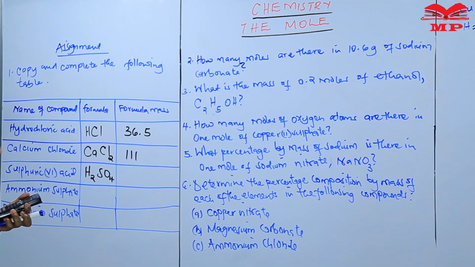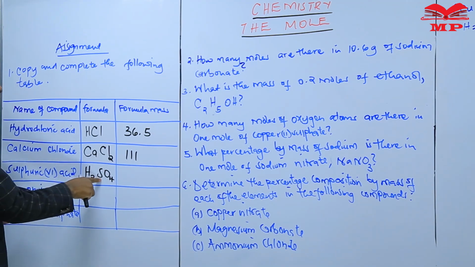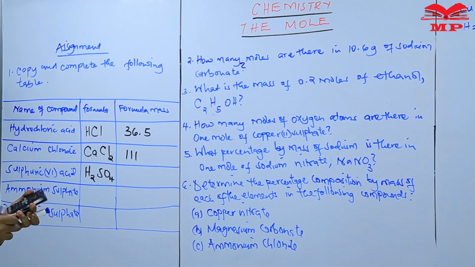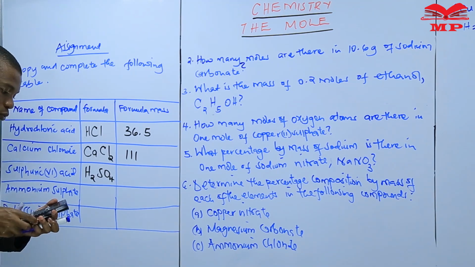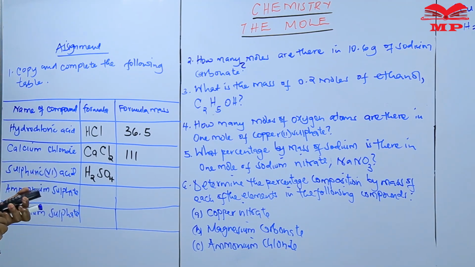That is now 1 times 2. You get 2. Then you add the mass of sulfur. The mass of sulfur is 32, and therefore 2 plus 32. And you add the mass of oxygen is 16. 16 times 4 gives you 64.